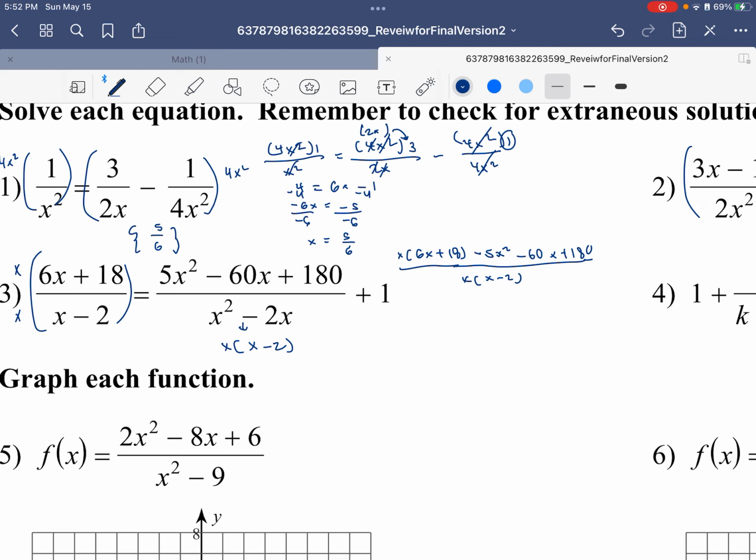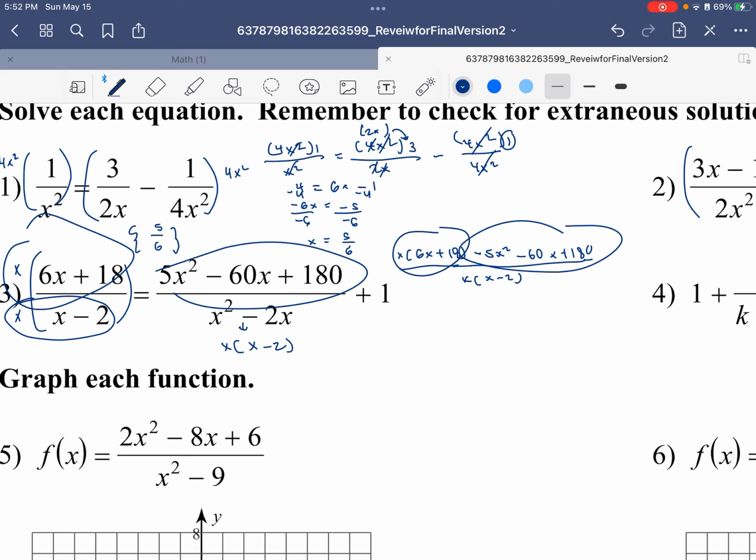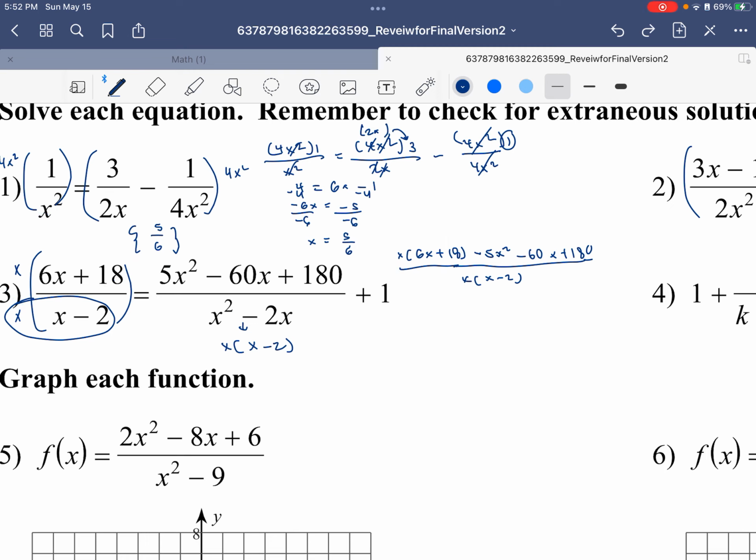So now I was able to combine these terms, because now that the denominators are the same, as you can see here. So I wrote this over here, and then this right next to it, and they share the same denominator, and we just have that equal to 1.